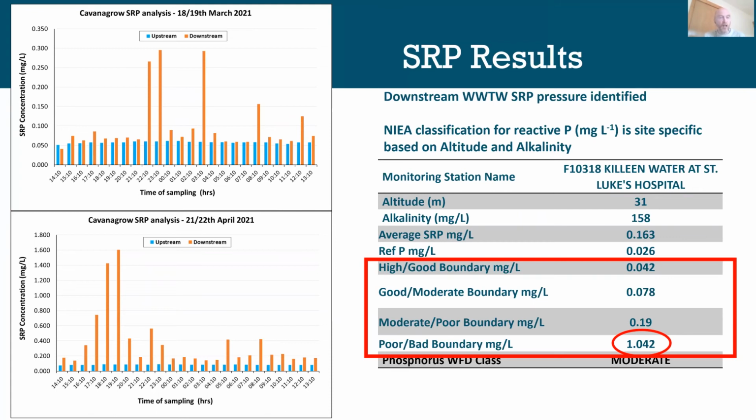We were seeing values of 1.6 milligrams per liter of phosphorus SRP at Kavanagh, and this is well beyond the poor bad boundary of 1.042 milligrams per liter phosphorus expected at the site. So it's having an extremely bad impact on the water quality there, and it's taken it well beyond the bad boundary.